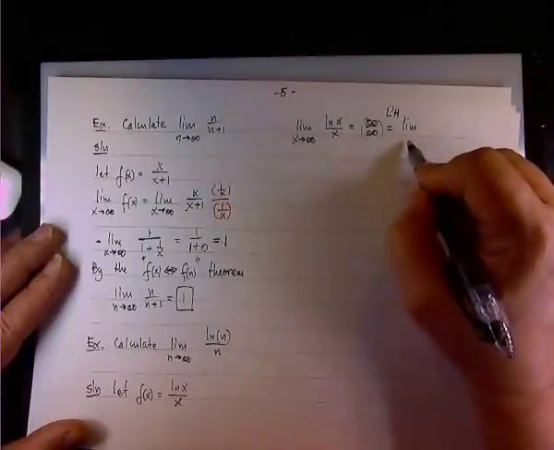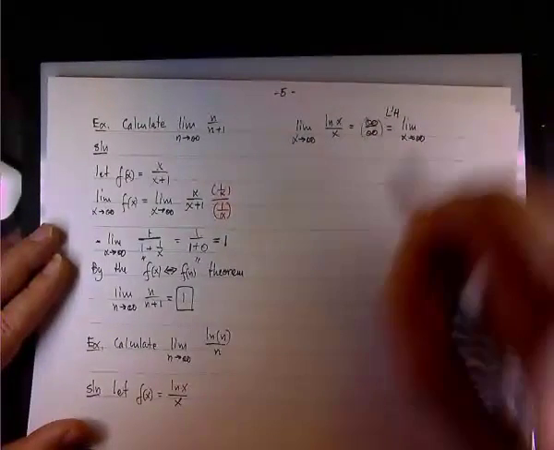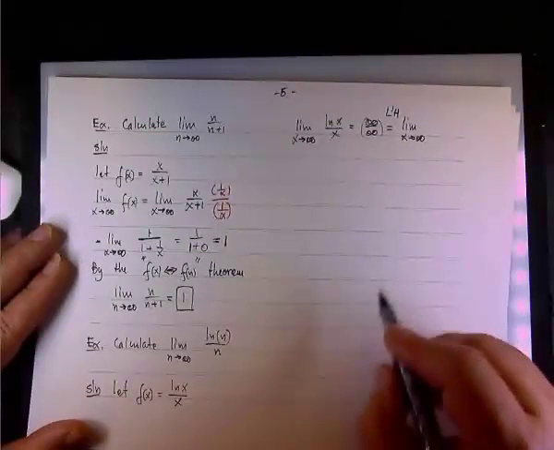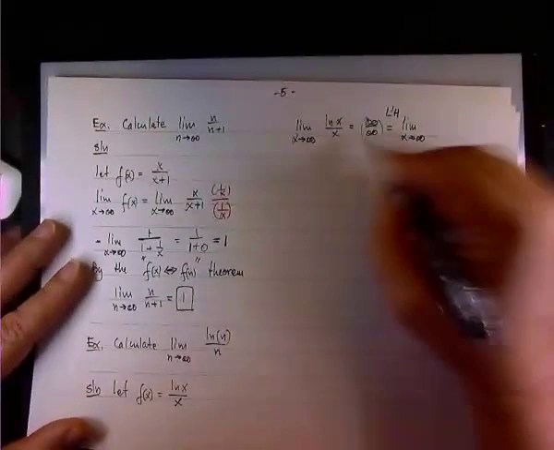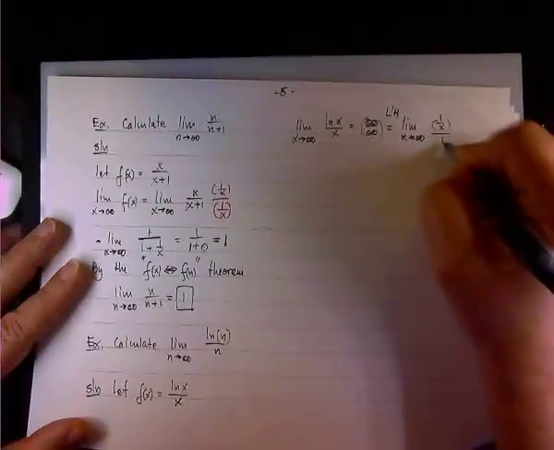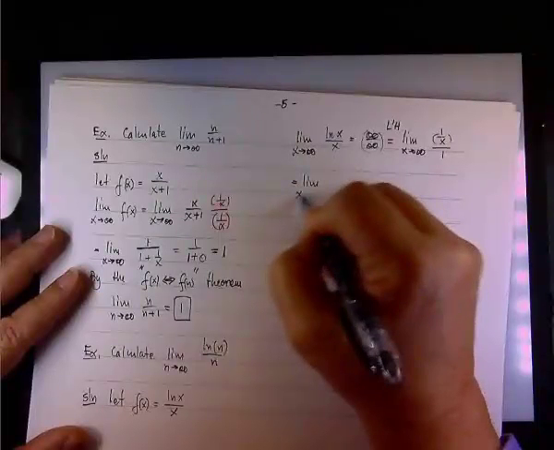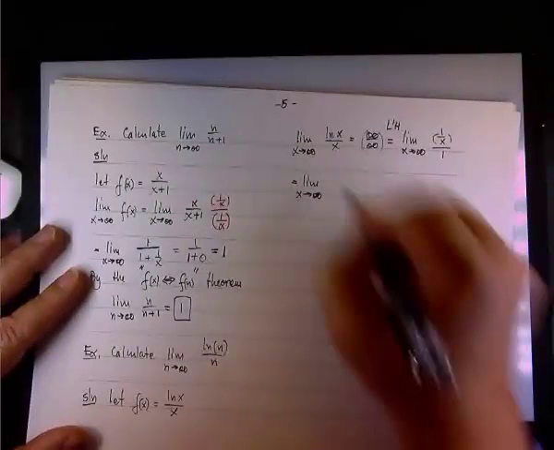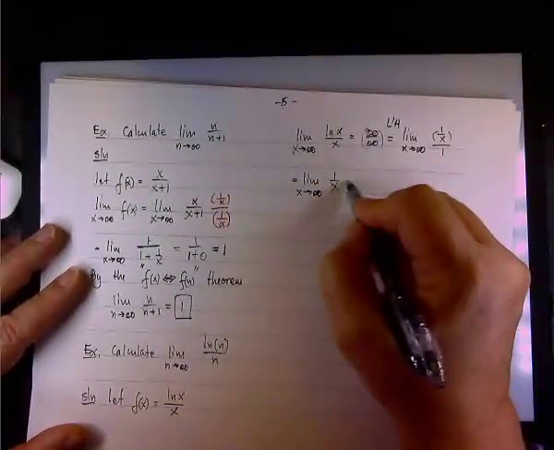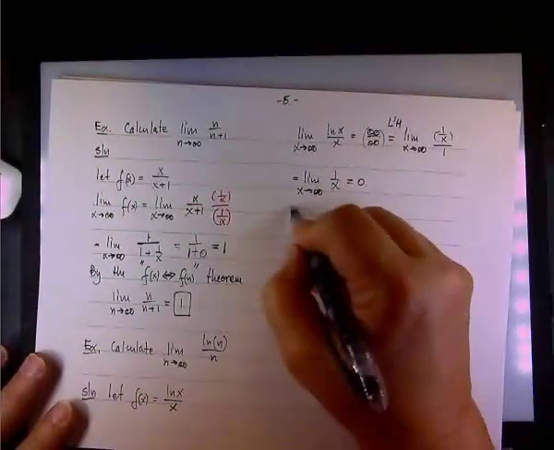The L'Hopital rule tells you that the limit of f of x divided by g of x, if the limit is infinity over infinity or 0 over 0, we can take the limit of f prime over g prime. The derivative of the natural log is 1 over x, and the derivative of x is 1. So we are looking now at the limit as x approaches infinity of 1 over x, right?